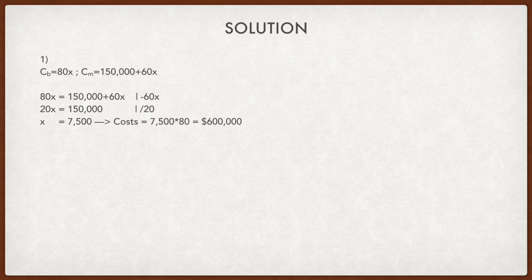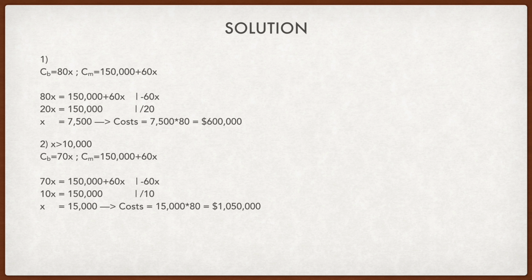And if you do have a capacity greater than 10,000, then you get a discount per part of 10. So the price would now be 70x, and this is how the function changes. It's now 70x, but the cost of making stays the same.